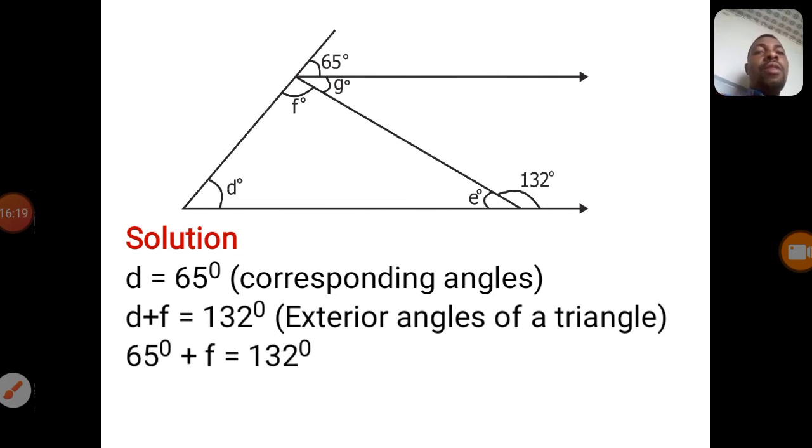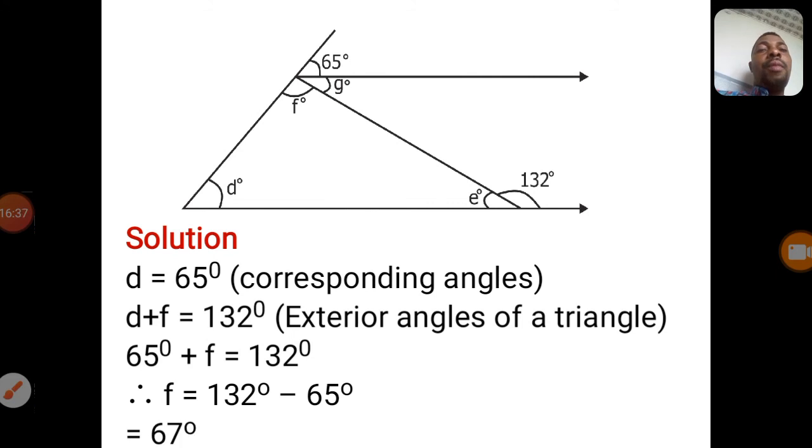You substitute the value of D, that is 65 degrees. How do you get the expression for F? You rearrange by subtracting 65 from both sides of the equation. You can see that, and from that, F is equal to 67 degrees.